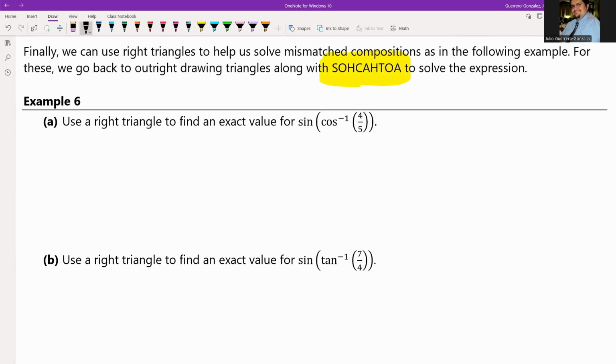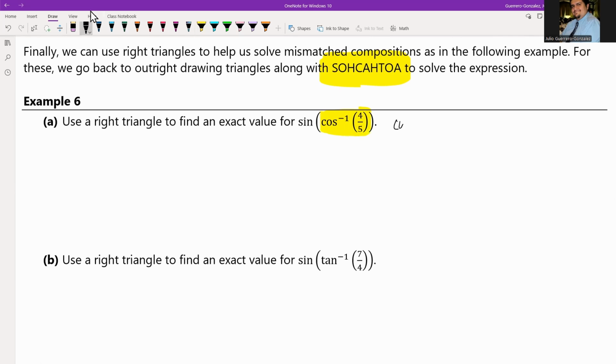Okay. So I'm still going to work from the inside out. So I'm going to grab this one. Okay. Notice how the cosine inverse is inside the trig, right? So the inverse thing is inside, the trig thing is outside. Okay. I'm going to grab that thing.